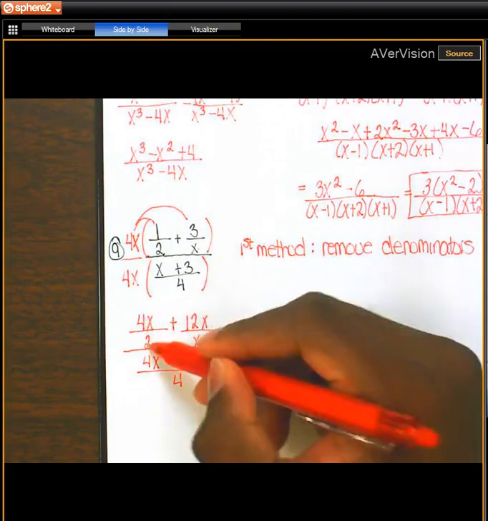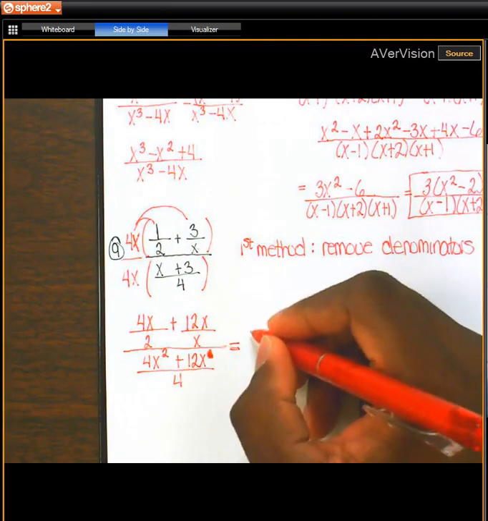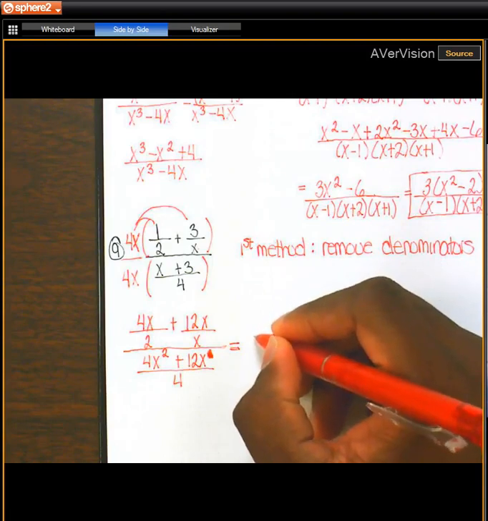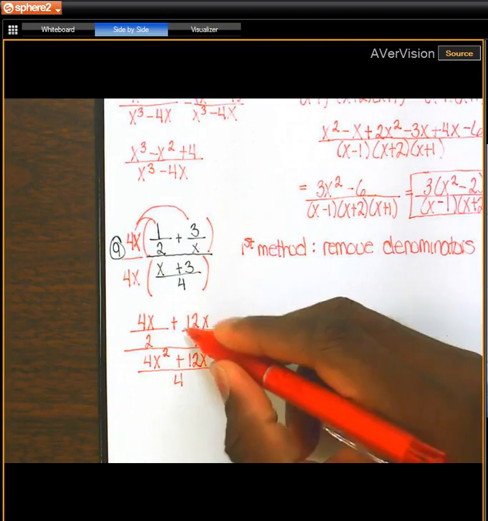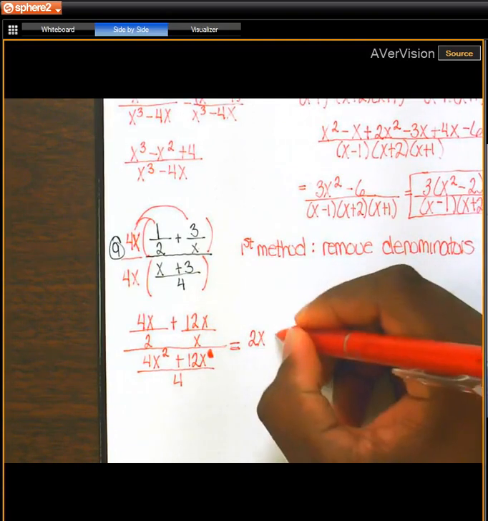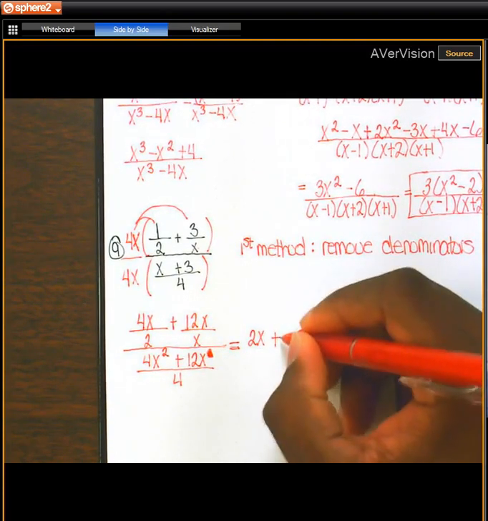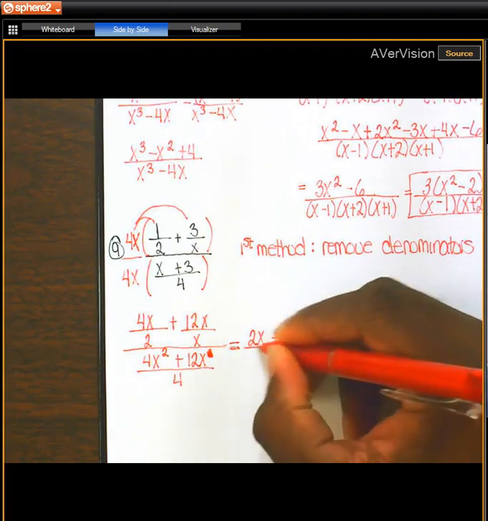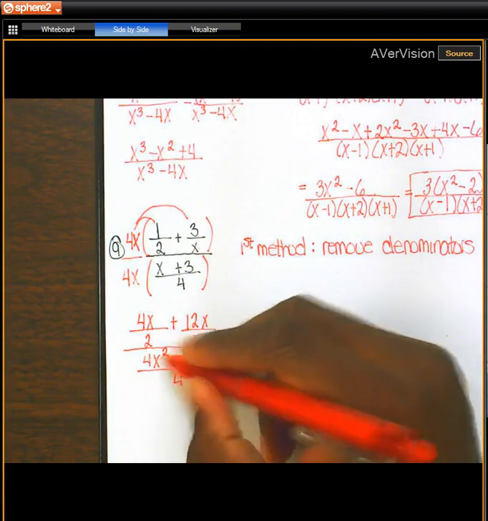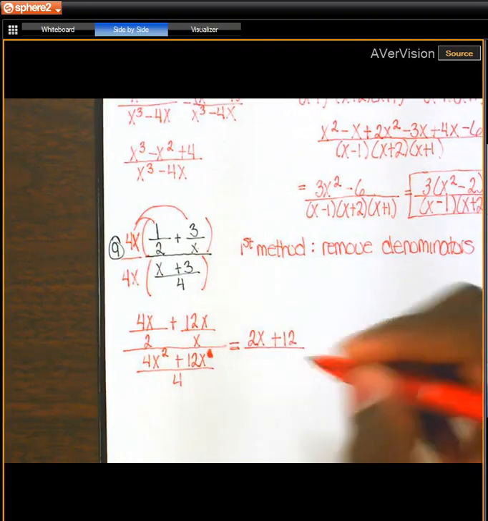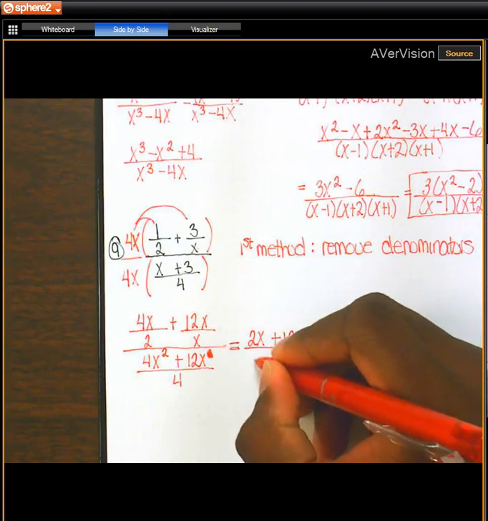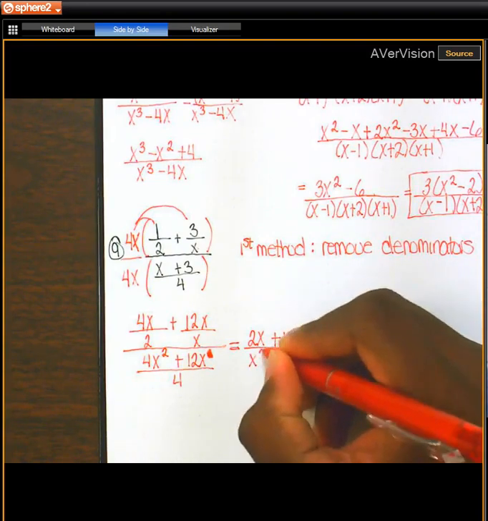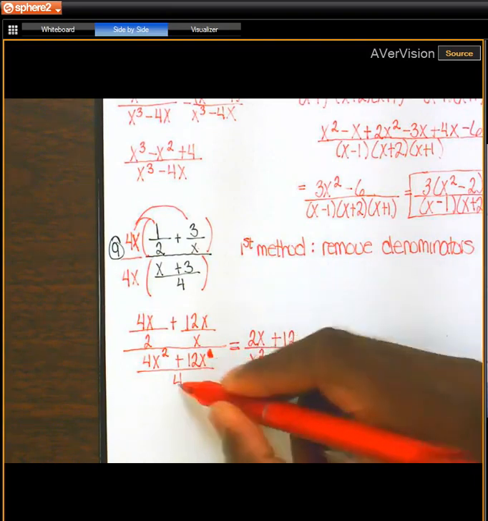What's 4x divided by 2? And what is 12x divided by x? What is 4x squared divided by 4? And what is 12x divided by 4?